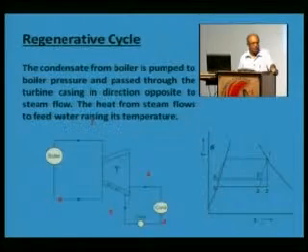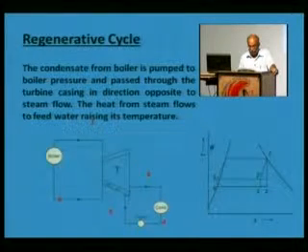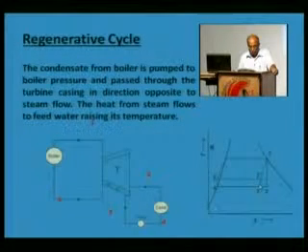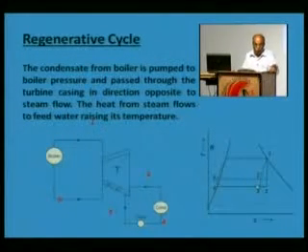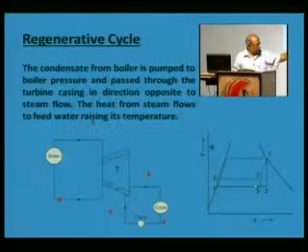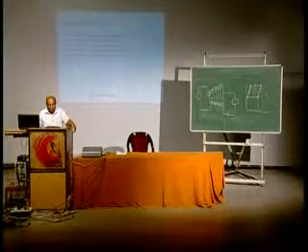It would affect the life of the blades and turbine rotor, and therefore, it is undesirable. So, we cannot go for this type of heating of feed water by regenerative cycle, and this has to be again made a practical cycle.